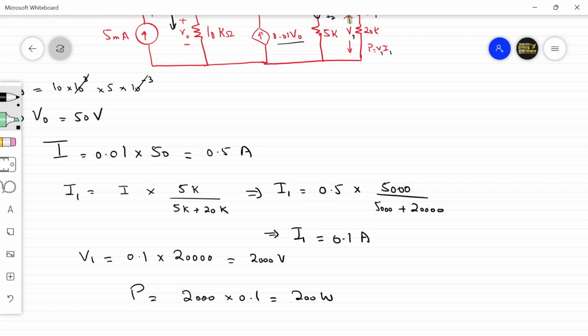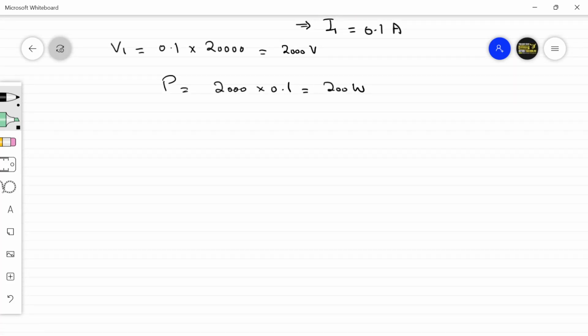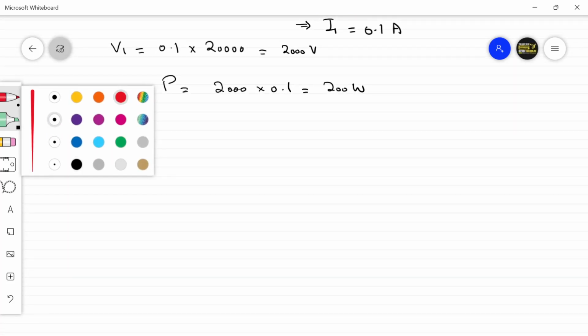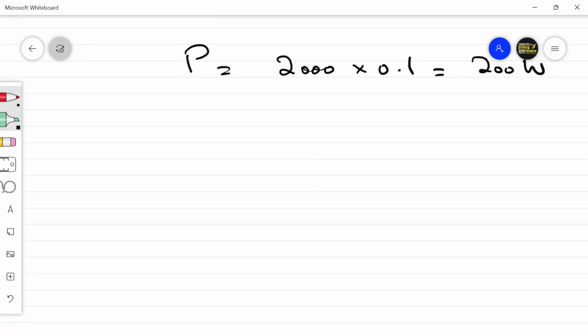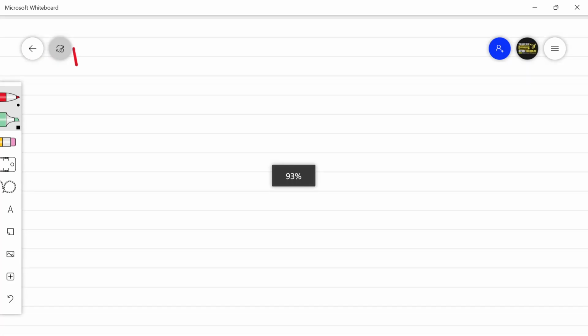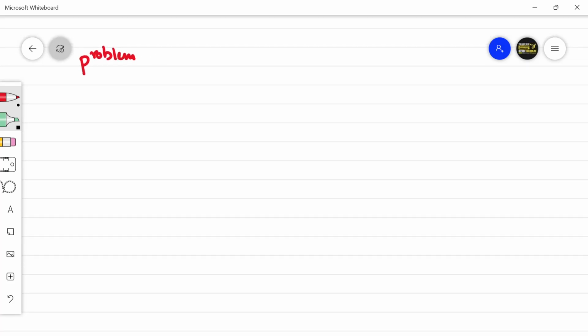Let us do problem number 2.38. So for problem 2.38, we have the circuit.